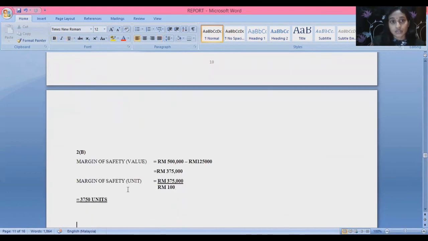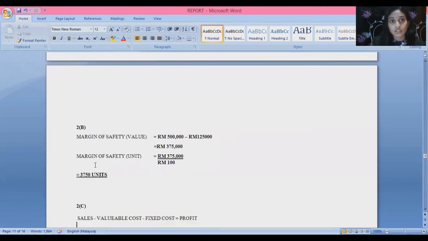So for question B, the margin of safety in value is around 500,000 minus 125,000. So you will get 375,000.